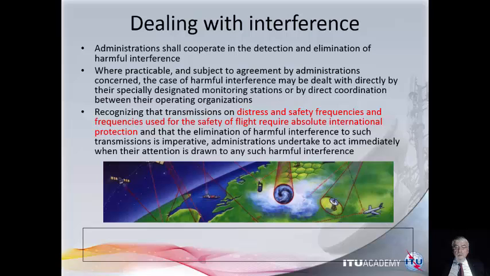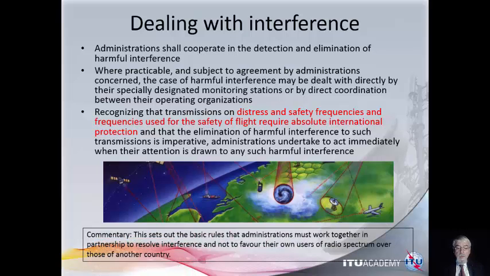Special attention and the highest priority should be given to interference on distress and safety frequencies and frequencies used for the safety of flight, and they require an absolute international protection. As a commentary, this sets out the basic rules that administrations must work together in partnership to resolve interference and do not favor their own uses of radio spectrum over those from another country.